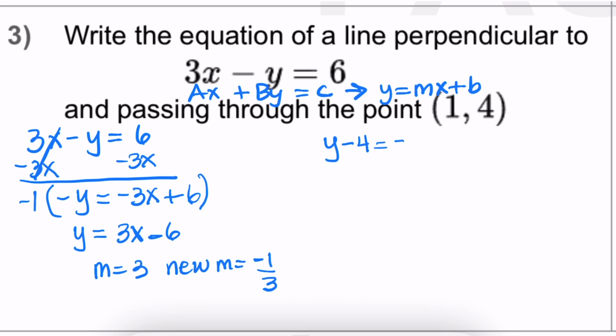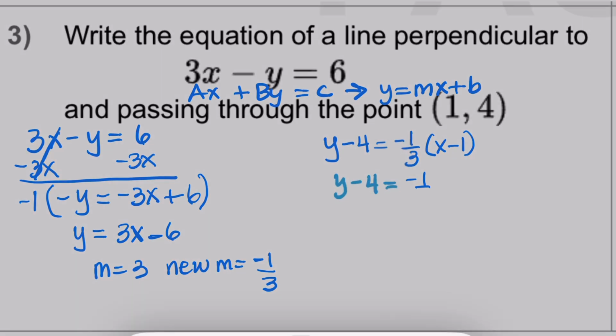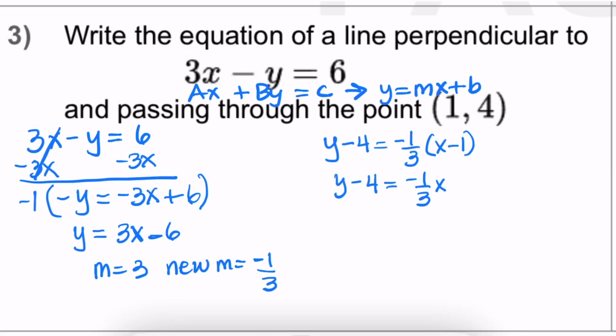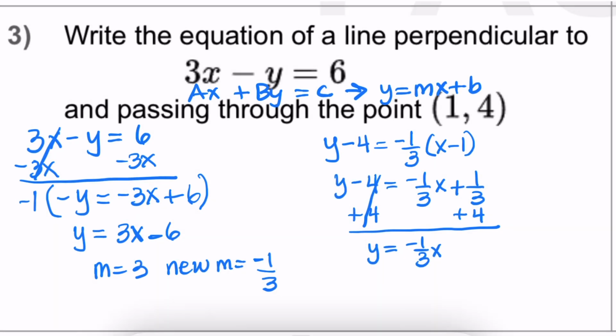So we have negative 1/3 times x minus 1. Let's do the distributive property. Plus 1/3. And now we have plus 4. I know some people don't like fractions, but don't be worried. I love fractions.